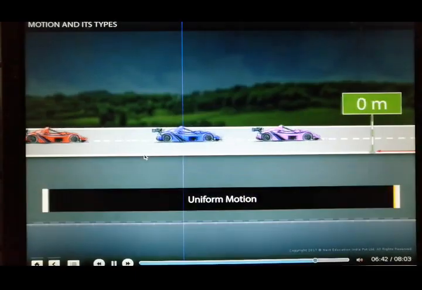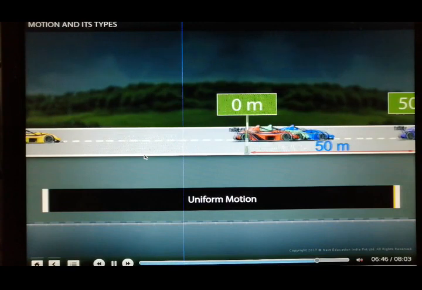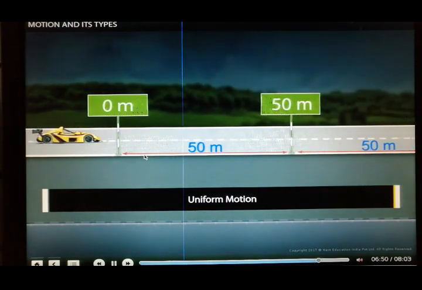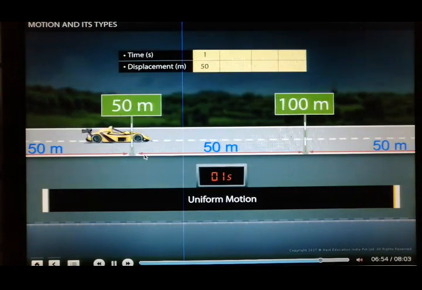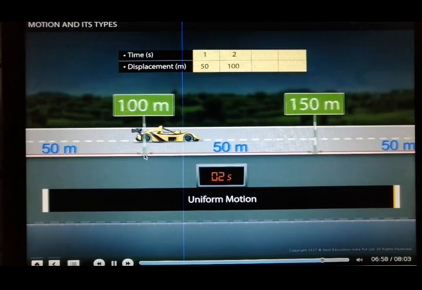When an object is in motion, its motion may or may not be regular all through its journey until it comes to rest again. Let us observe the yellow car in the race. The car moves 50 meters every second continuously.